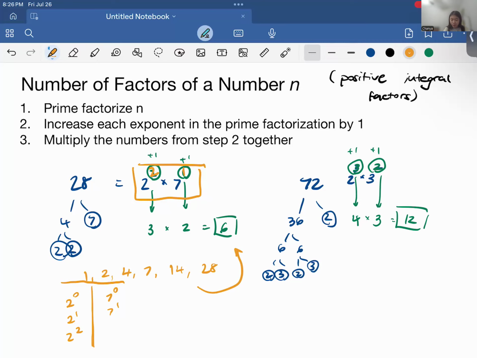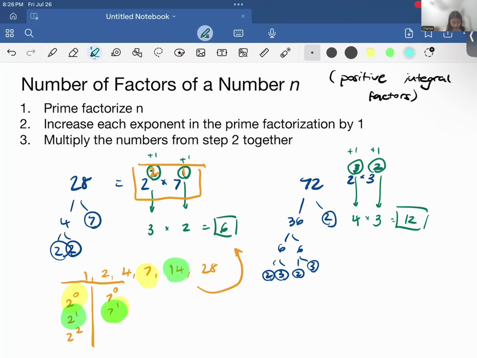For example, if you select 2 to the power of 0 and 7 to the power of 1, when you multiply these two, you get 7. If you select 2 to the power of 1 times 7 to the power of 1, you get 14.